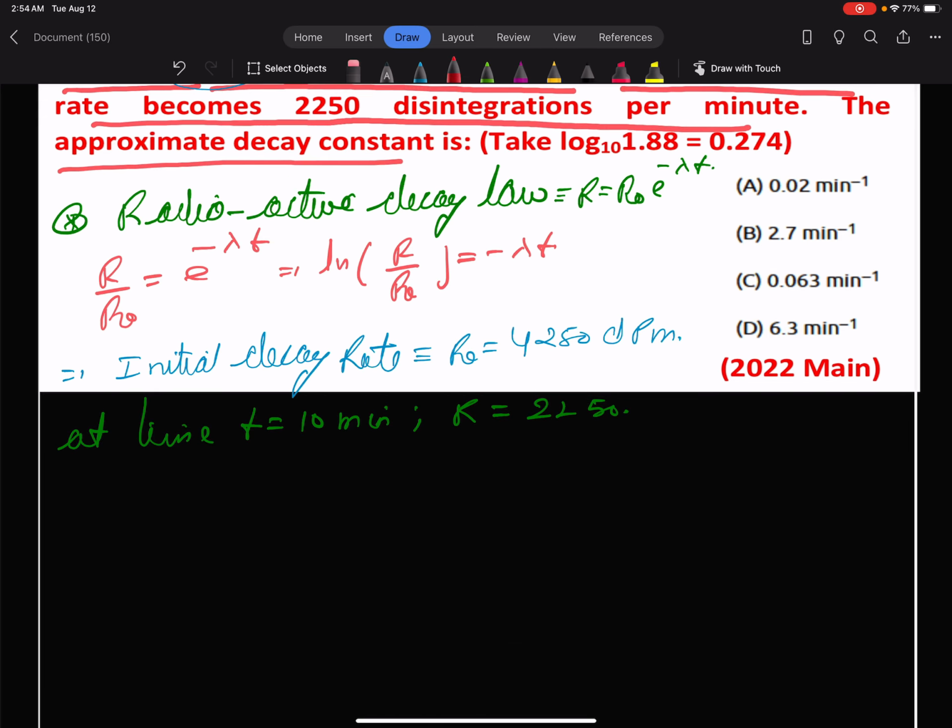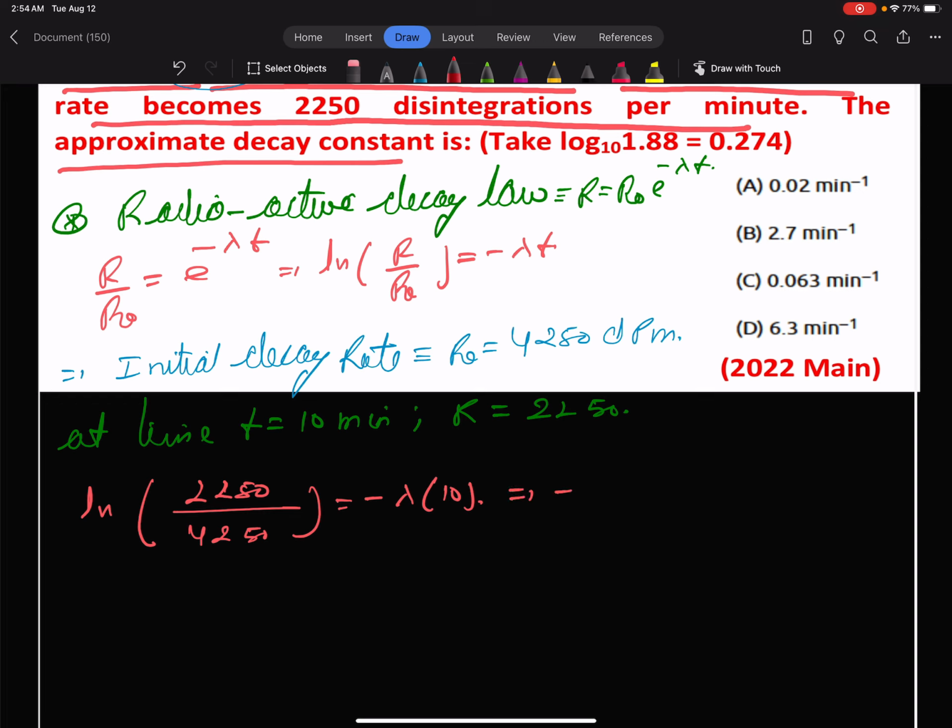We can write natural log of R, which is 2250, over R naught, which is 4250, is equal to minus lambda t, where t is 10.